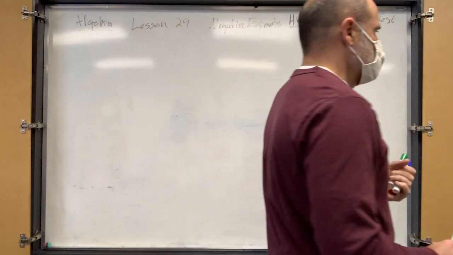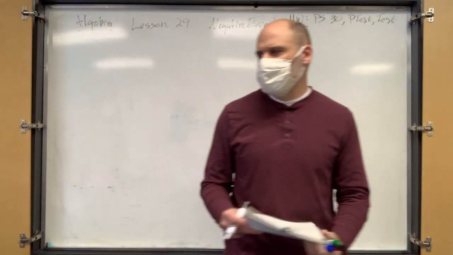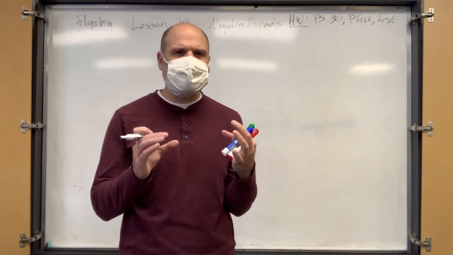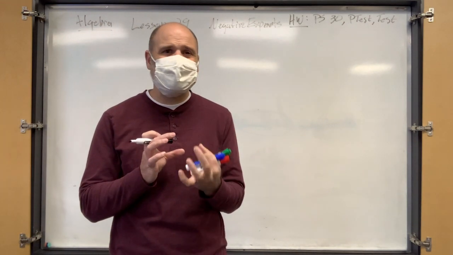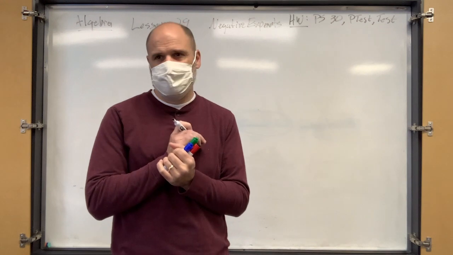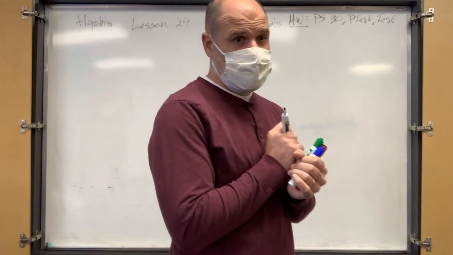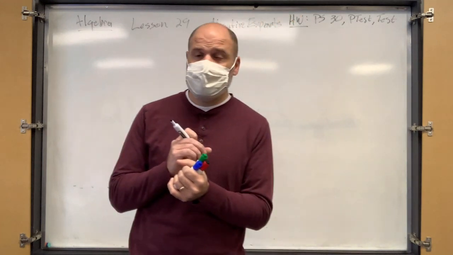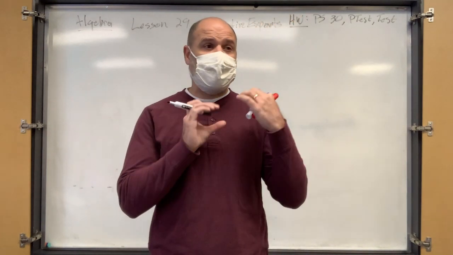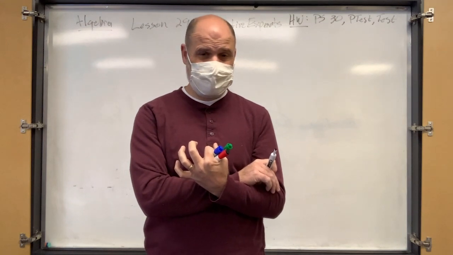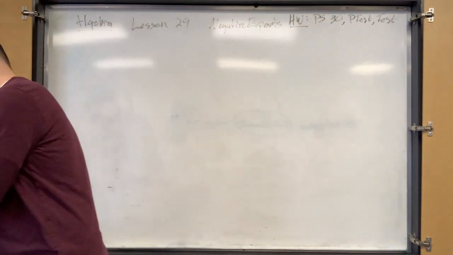So what are exponents? Remember, an exponent tells you how many times to multiply something. So a negative exponent is kind of like how many times you do the opposite of multiplying. Divide? Yes. It's kind of like how many times you divide something.